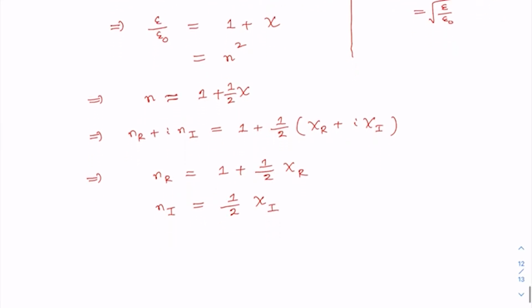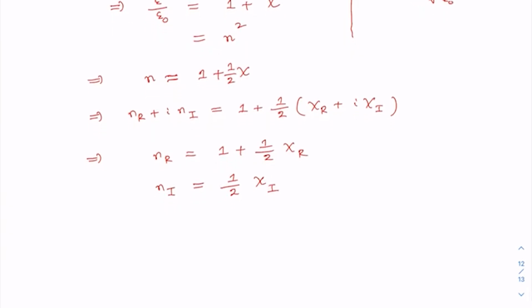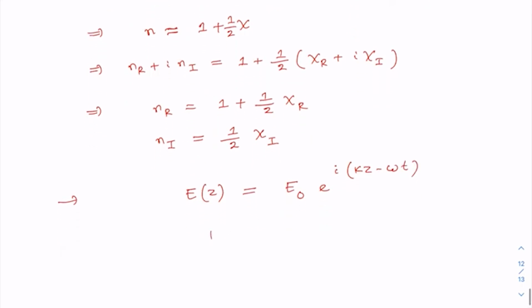Now you know that if a plane electromagnetic wave passes through a medium, its electric field at a distance z is given by E of z. You may be aware of the Lambert-Beer law, so I'm going to that here. Say the initial electric field amplitude is E0, and as it passes through a distance z, you have this phase factor. Also, k is the propagation vector, k equal to omega by c into the refractive index.